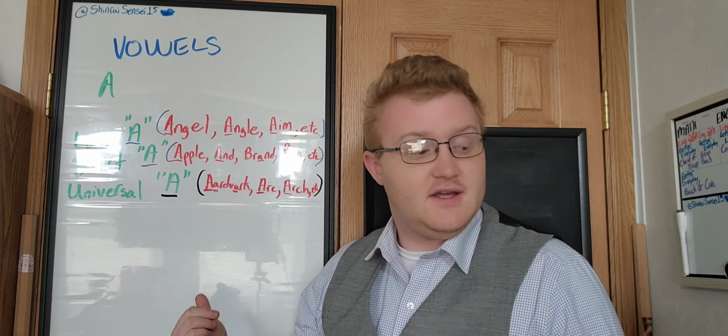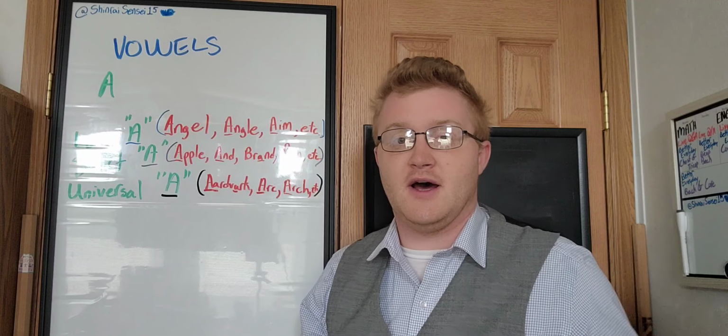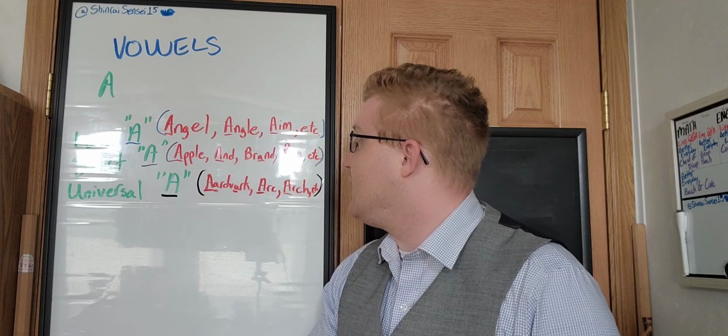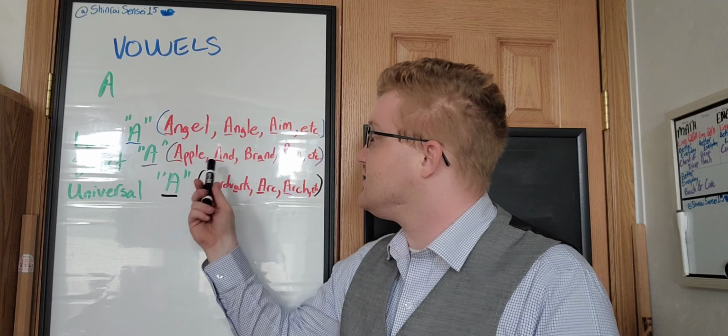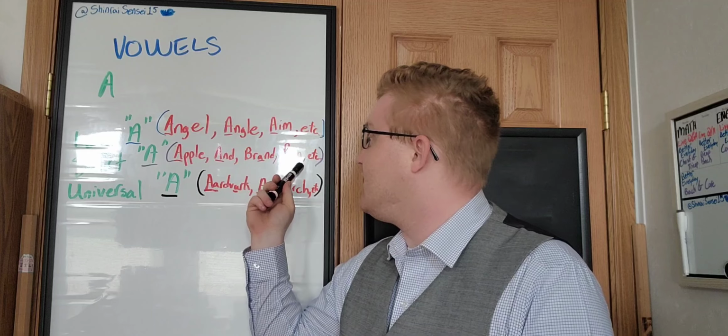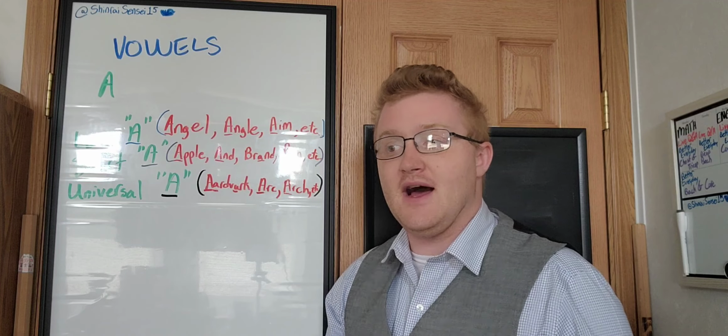And the universal is usually when it's followed by an N or an R, you're going to hear an ah sound. But it's also situational, because look at these examples like and, brand, and pan. Well, it's followed by an N, but they don't make the ah sound.